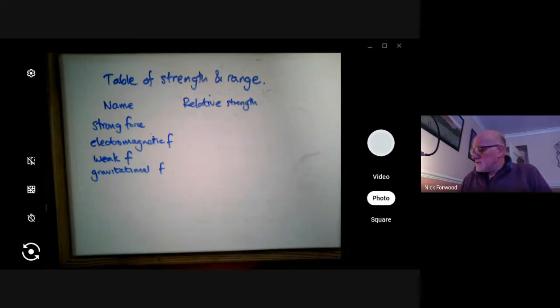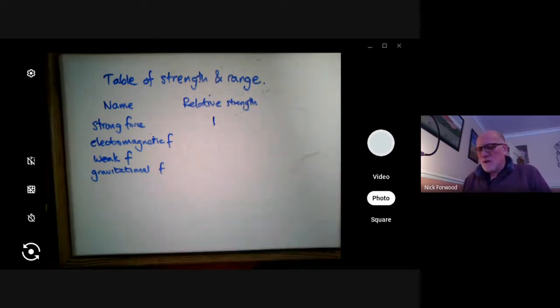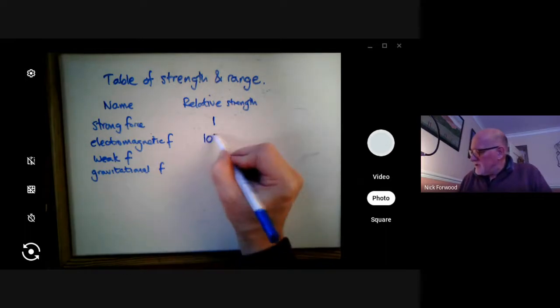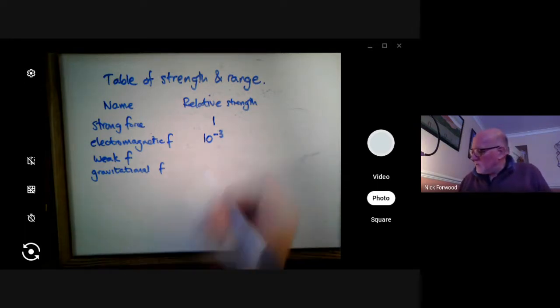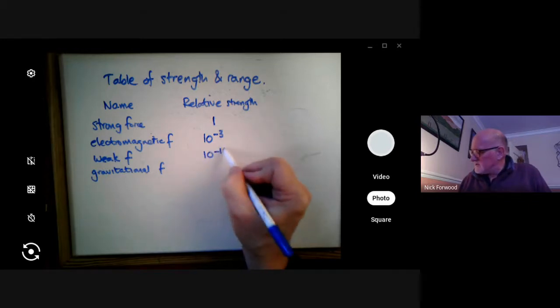So the strong force is the strongest, and we'll just call it strength 1. And then the electromagnetic force is 3 orders of magnitude less, 10⁻³. The weak force, weaker still, as its name might imply, 10⁻¹⁶.